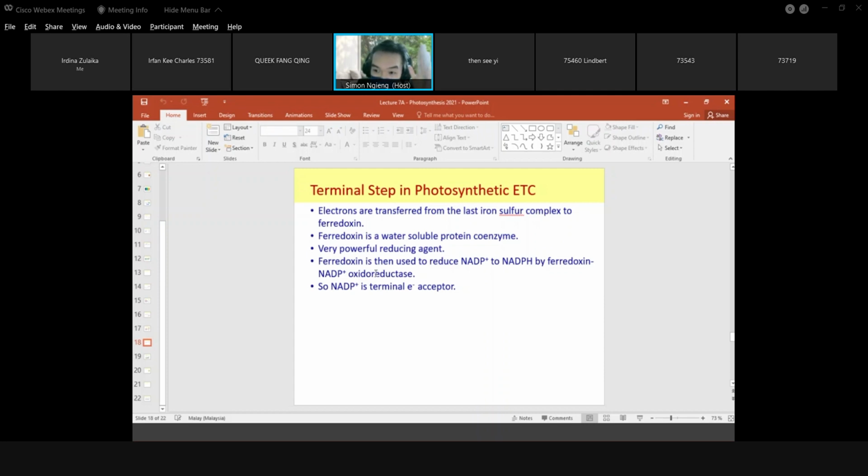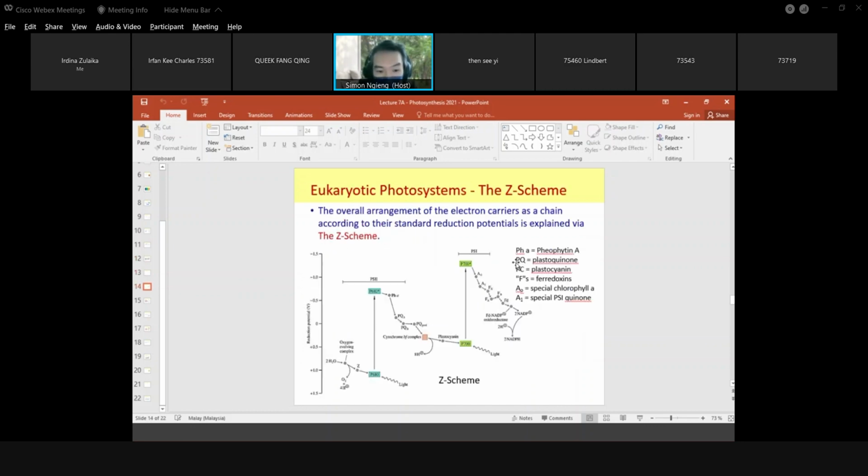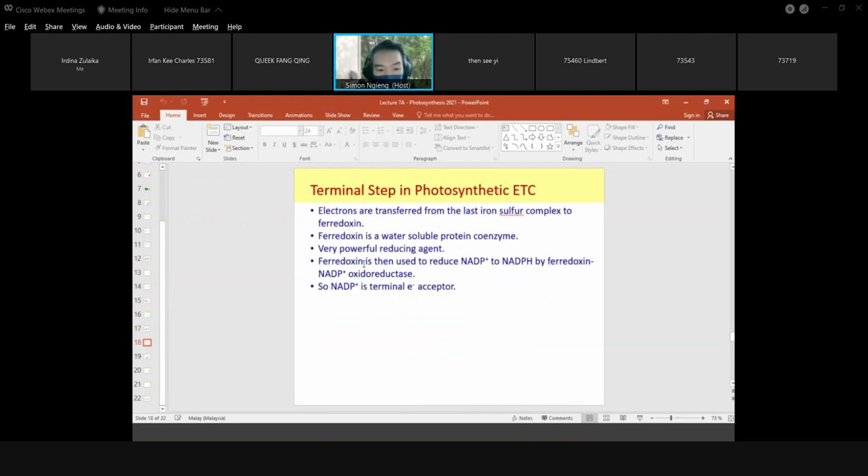So eventually, after passing photosystem 1, photosystem 1 is going to pass to ferredoxin. Ferredoxin is then going to pass it to NADP to produce your NADPH. So NADP is the terminal electron acceptor.